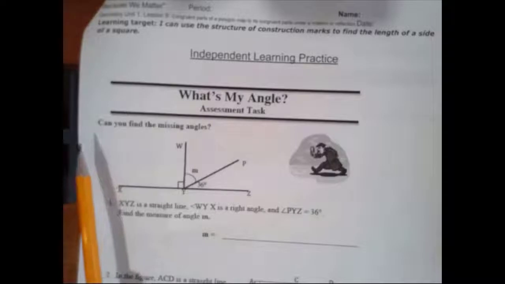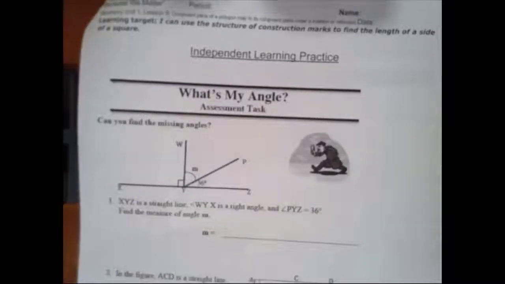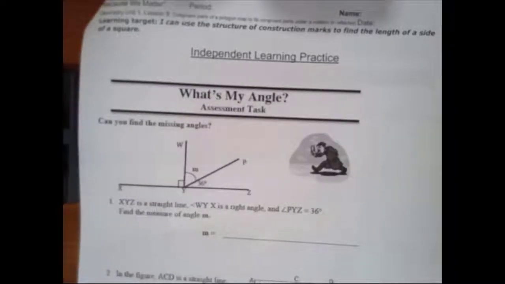All right. The homework today for geometry is What's My Angle? We're going to find some missing angles using some information we know about some of these angles. So, can you find the missing angle? We're going to need to use clues about what we see here to be able to find missing angles and what we know.